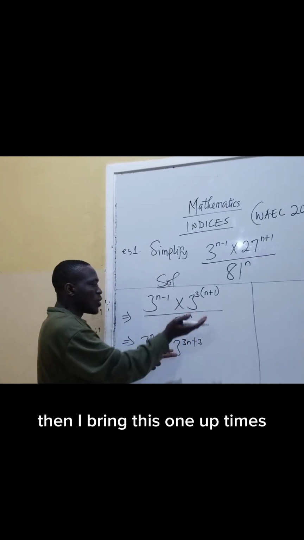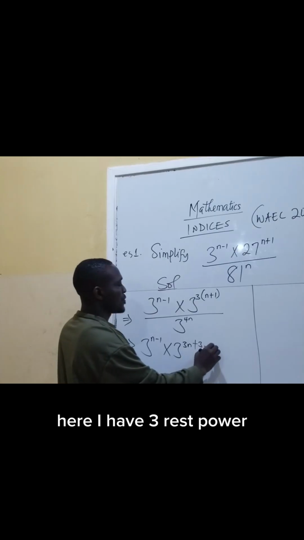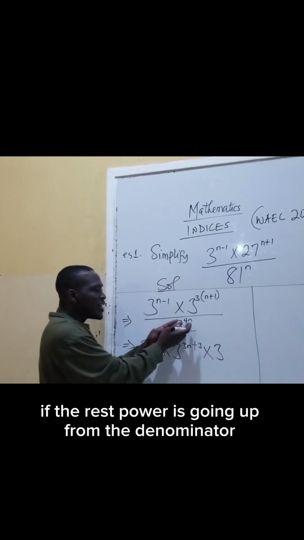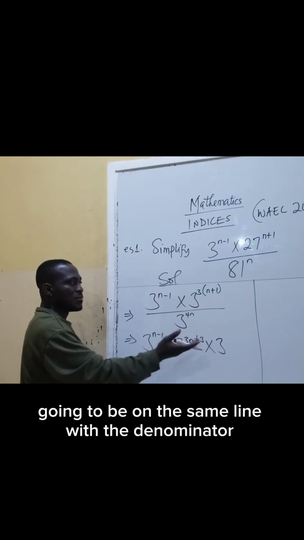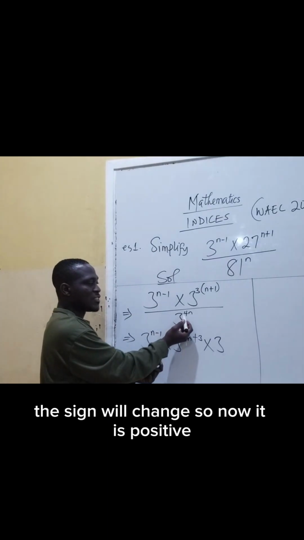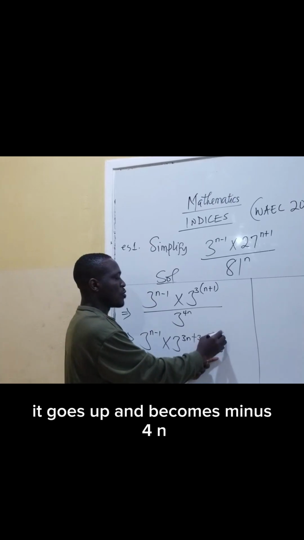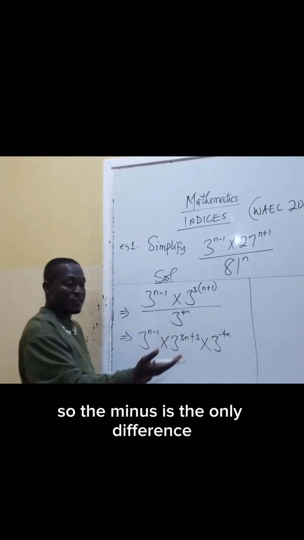Then I bring this one up. If the raised to power is going up from the denominator to be on the same line with the numerator, the sign will change. So now it is positive. It goes up and becomes minus 4n. So the minus is the only difference.